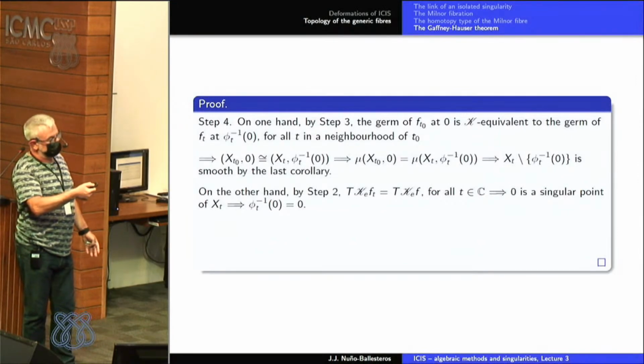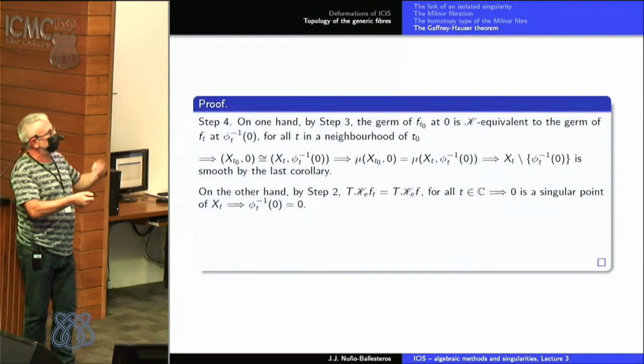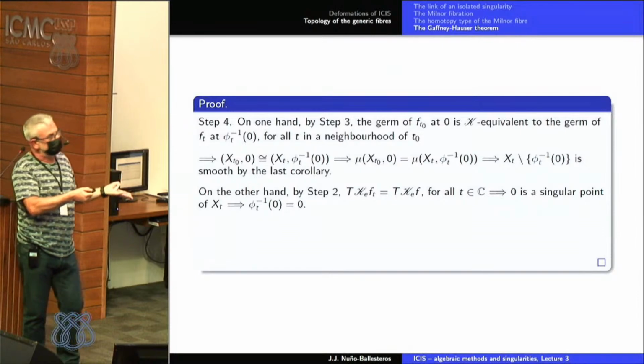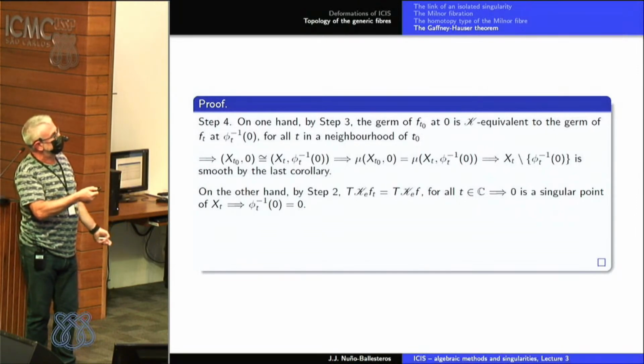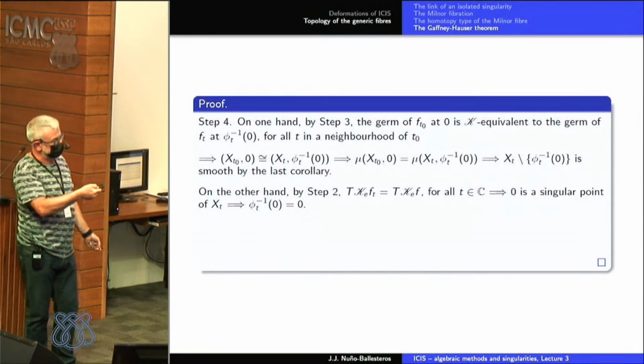But on the other hand, by step 2, we have that the K tangent space is the same at any point. So this implies that 0 is a singular point of xt for any t, of course. And then putting together the two things, we deduce that this point, phi t minus 1 of 0, must be the origin. It must be the origin necessarily.